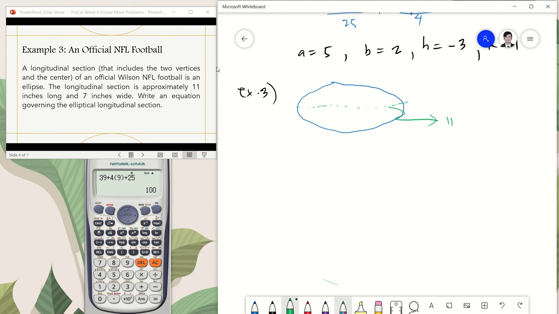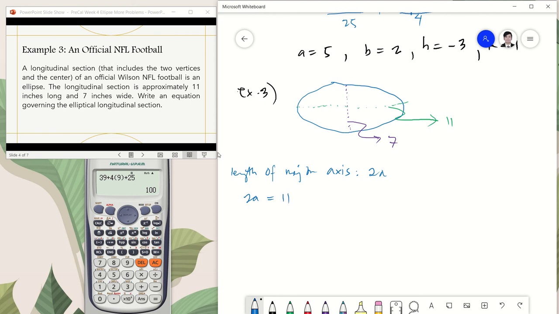And then the 7 is our minor axis. So we're talking about the lengths of both. As we all know, the length of the major axis, you can get it by using 2a. We know that our major axis is 11, so we can just equate it with 2a.